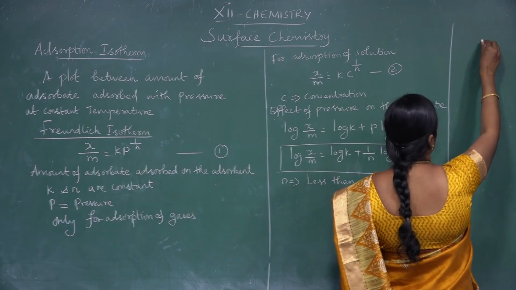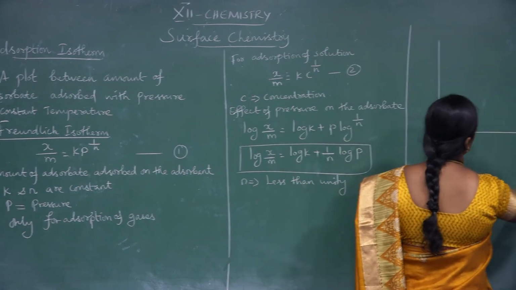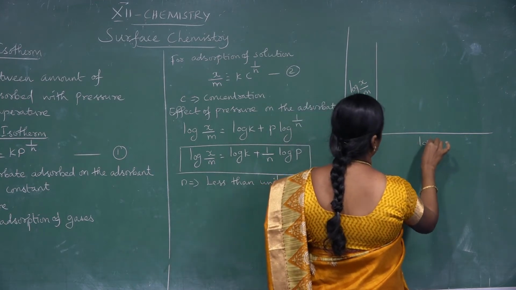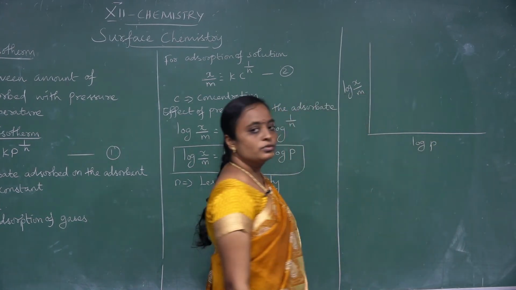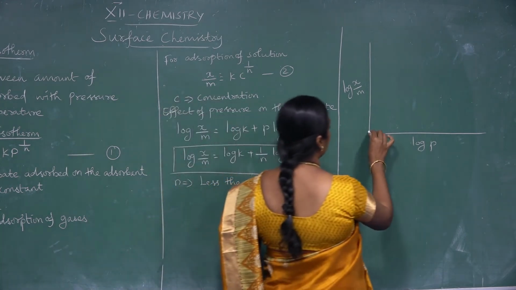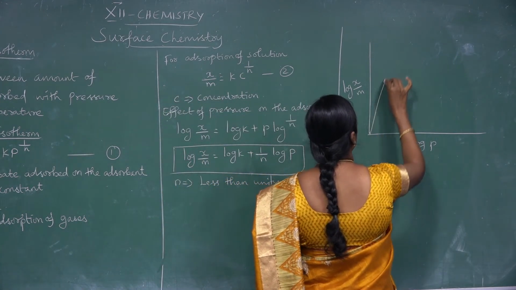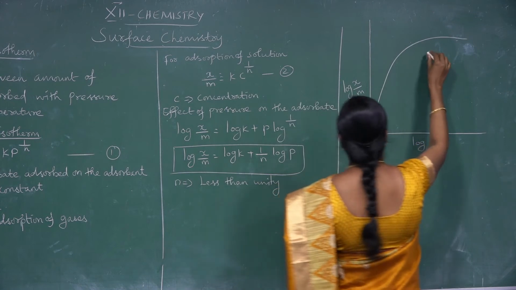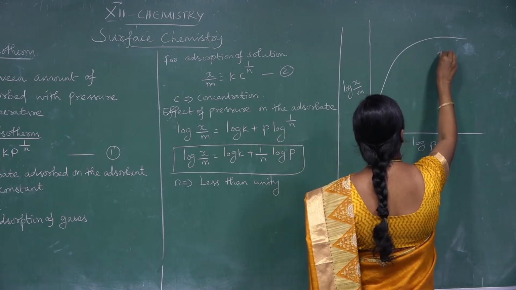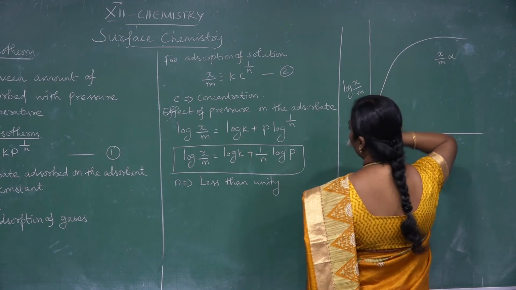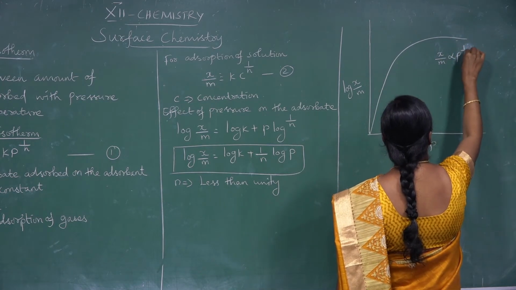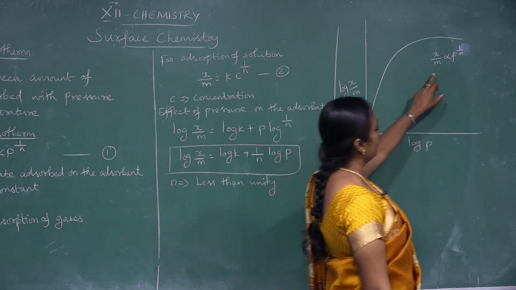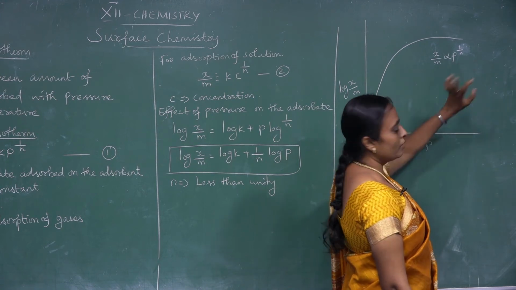So take log x by m on one axis and log p on the other axis. We are going to get a curve like this. It proves that x by m is directly proportional to p power 1 by n.